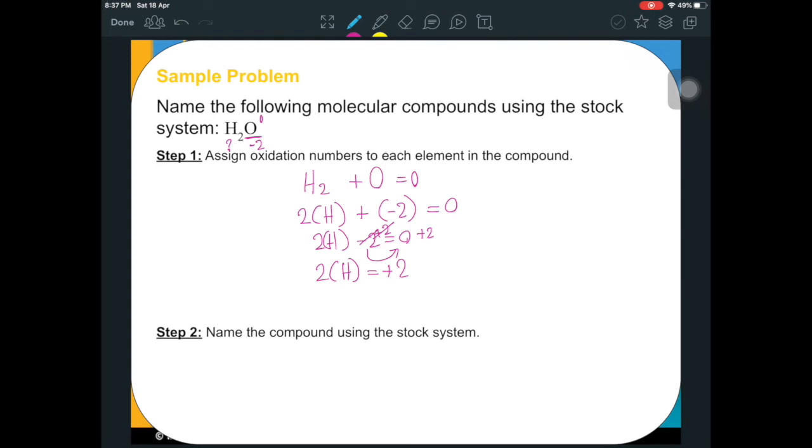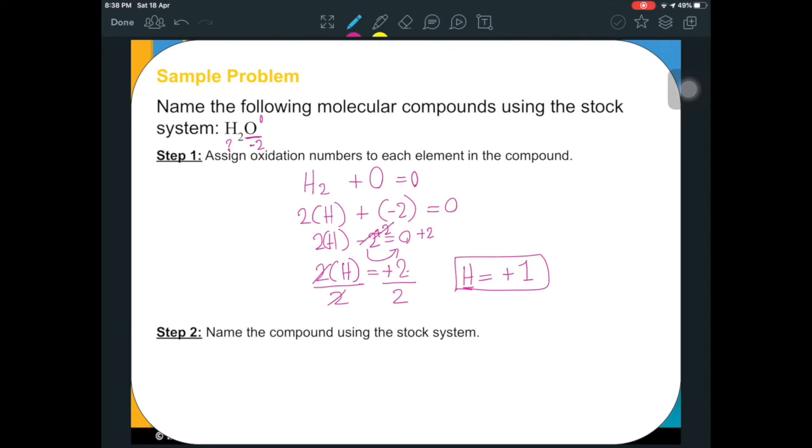Okay, now we have not perfectly isolated this yet because there's still a 2 on this side. We want to get hydrogen by itself. Some of you probably already knew how to do this, so if you divide each side by 2, you can cancel these 2 out and you can get hydrogen by itself. So this would equal +1, because obviously 2 divided by 2, or any number divided by itself, is equal to 1.